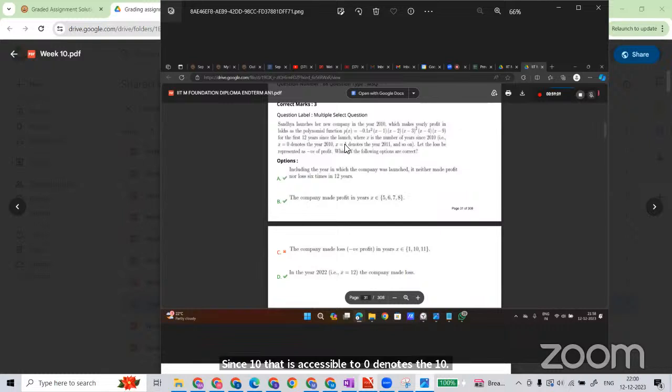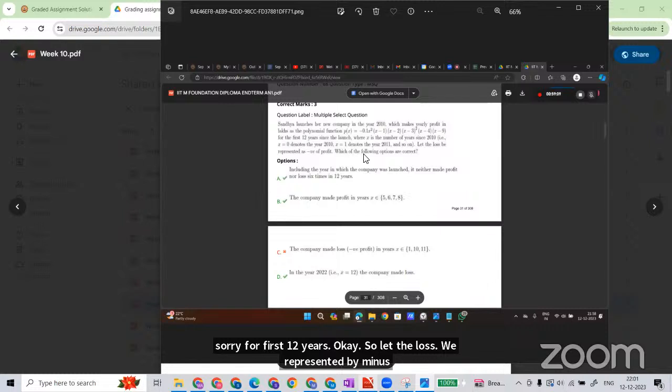So for the first 12 years it has profit. Let the loss be represented by a minus sign of profit. Which of the following options are correct?